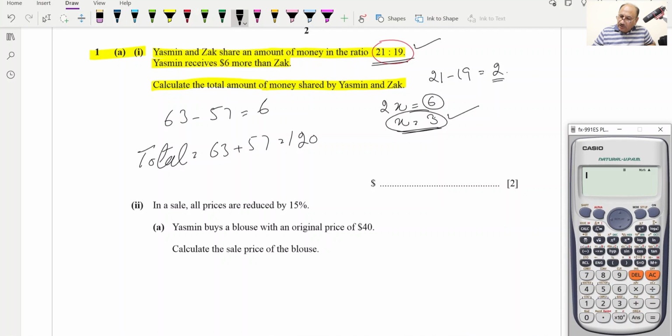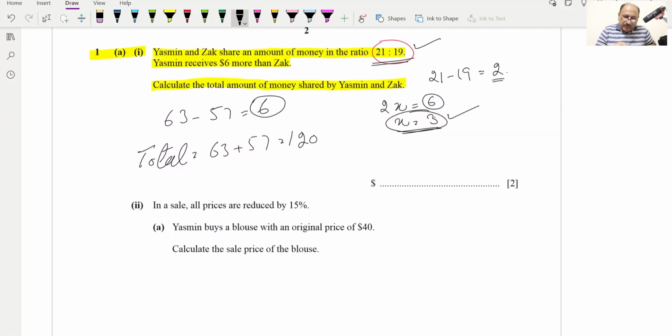With the help of a calculator, 21 multiplied by 3 will be 63. Similarly, 19 multiplied by 3 is 57. So we can see the difference is 6, and the sum of these two amounts is 120, and this 120 is required.